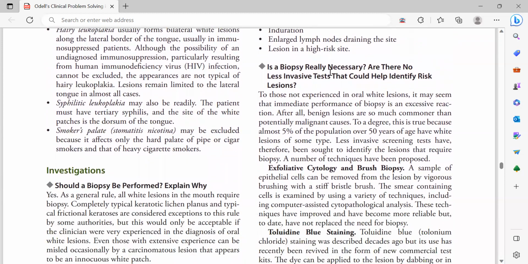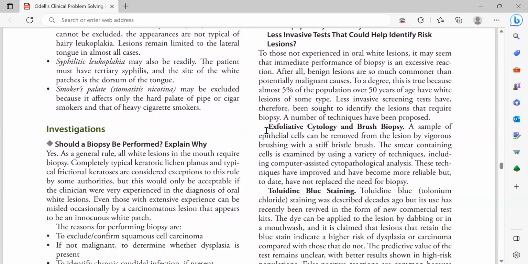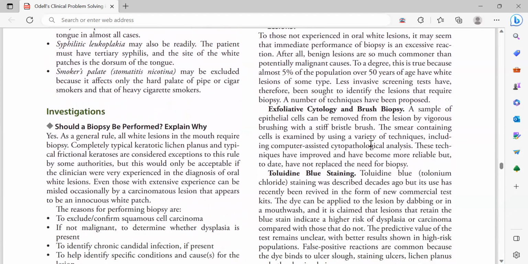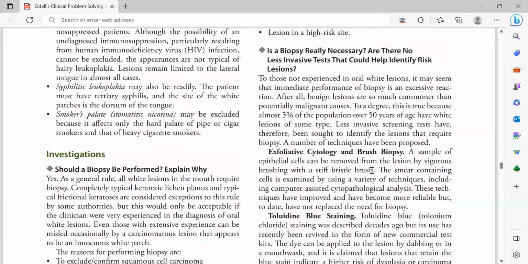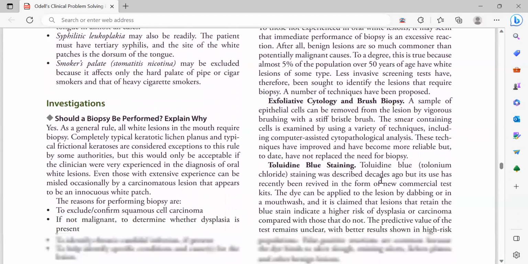Is a biopsy really necessary? Are there no less invasive tests that could help identify a risk lesion? So there are certain types of tests that they have mentioned here, like exfoliative cytology or the brush biopsy, where they just take out the superficial epithelial cells with the help of a stiff bristle brush, and they observe and study them, which would be a more conservative method of doing the test.